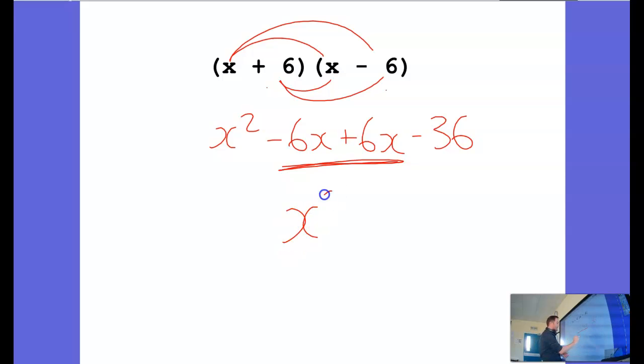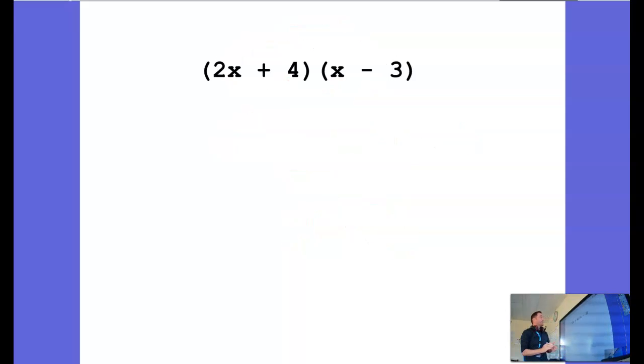So we end up with just x squared minus 36. And this is called the difference of two squares. We've got x plus 6, x minus 6, and we end up with a square term here and a square term here. Won't go into that in too much detail now, but worth noticing that sometimes we'll cancel out that middle term when we've got a plus 6 and a minus 6, or any two numbers, the positive and the negative.